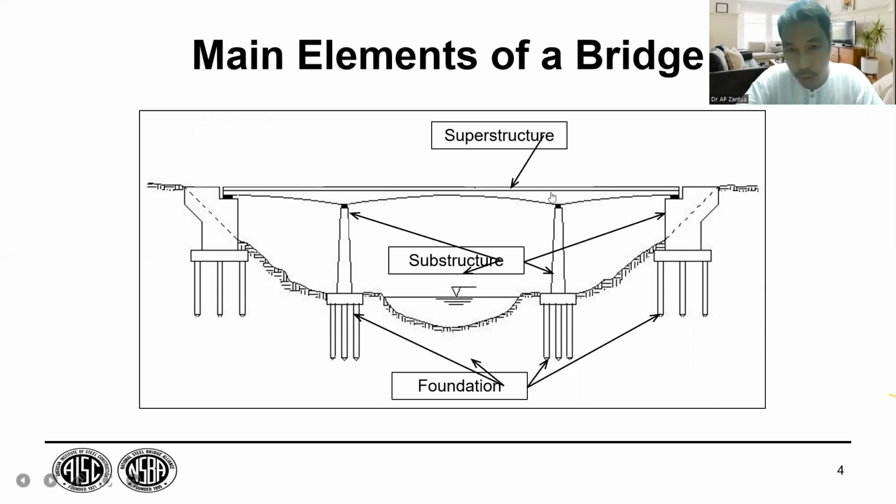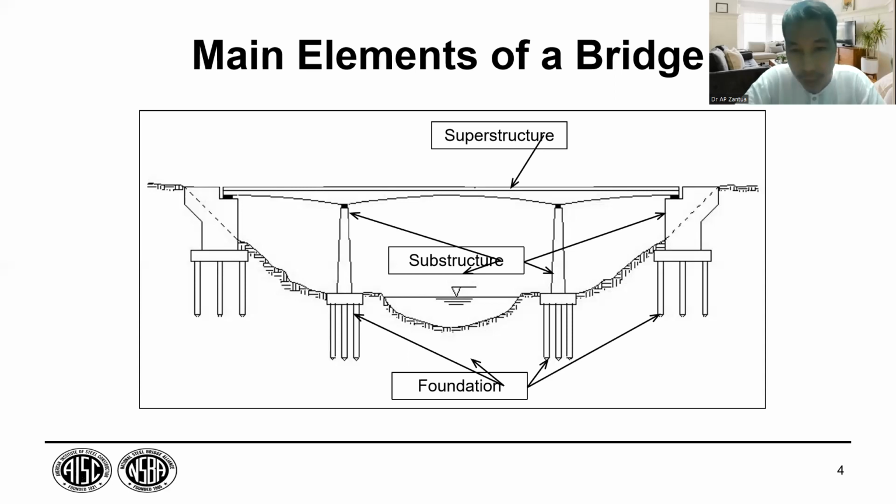What we call the superstructure is the part of the bridge above this black portion. Take note of the black portions: 1, 2, 3, and 4. There are four black portions. Above those is the superstructure of the bridge.